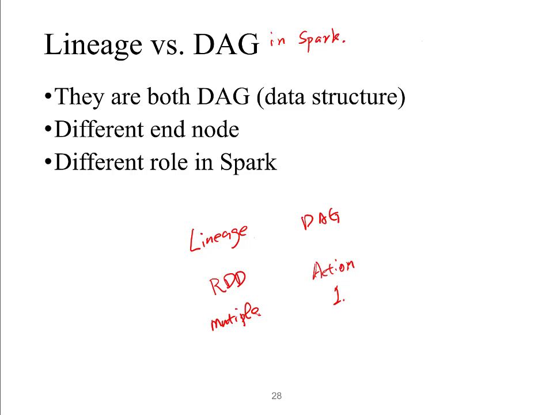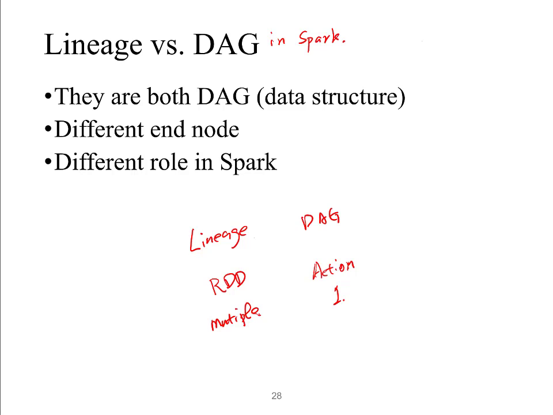For example, the main purpose of having a DAG is to split the whole procedure into several stages and pass them to the task scheduler.